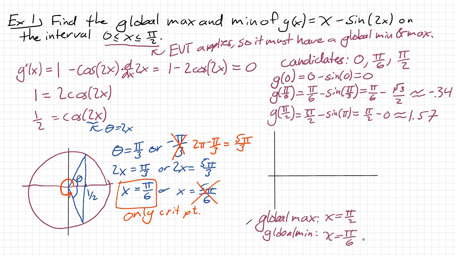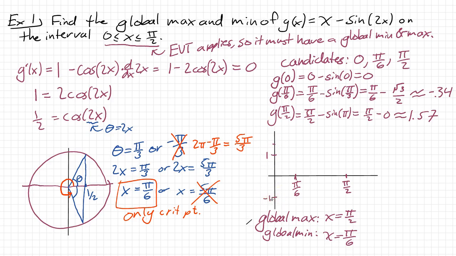And just to see why it really works like this, let's make a little graph of what this will look like here. Let's say this is pi over 2, then pi over 6 is about a third of that. It's somewhere over here. And let's say this is 1, and this is about 1.57, and that will make this negative 1 here.